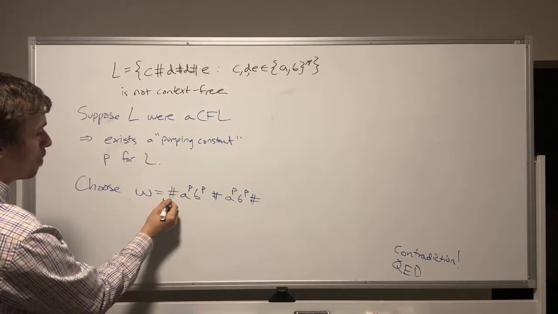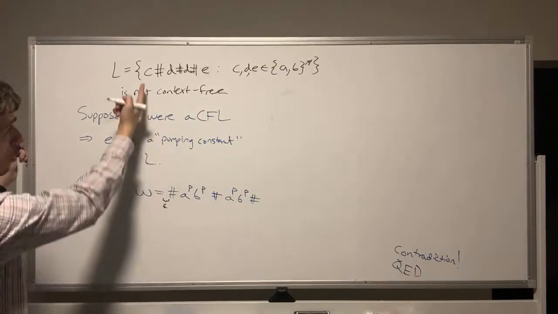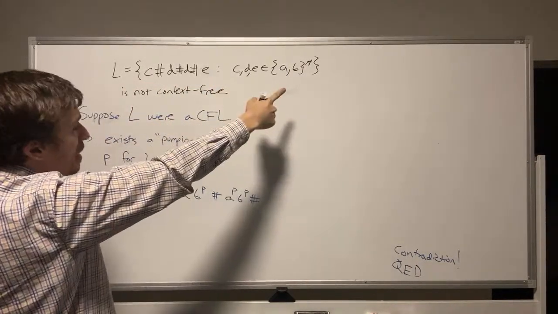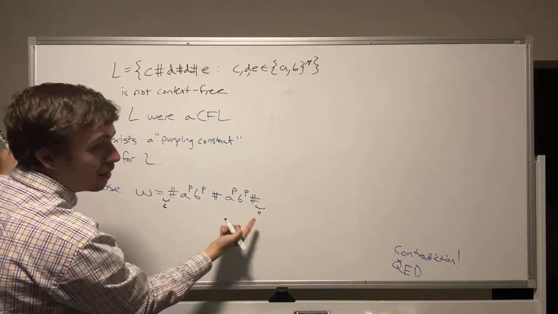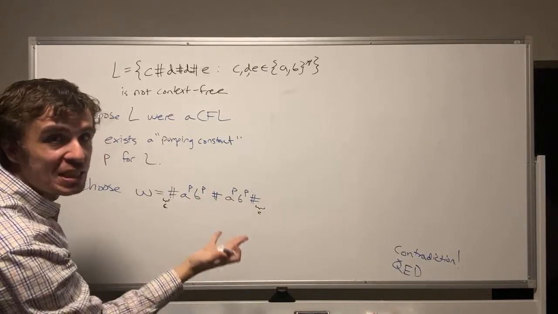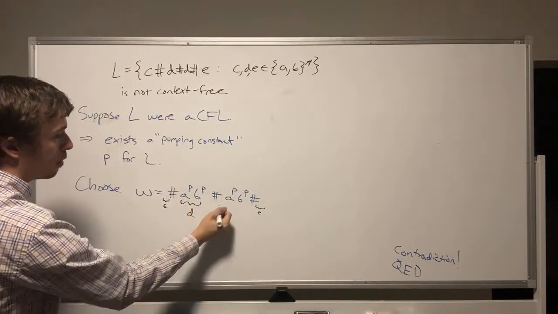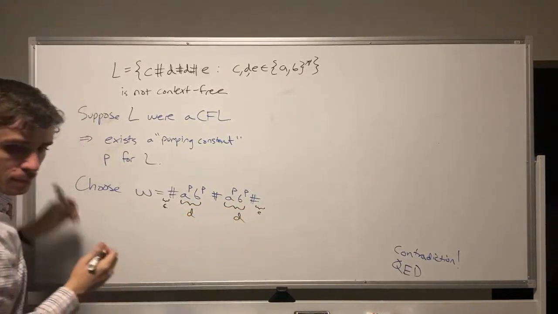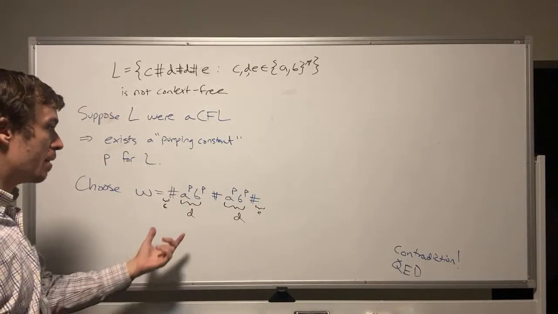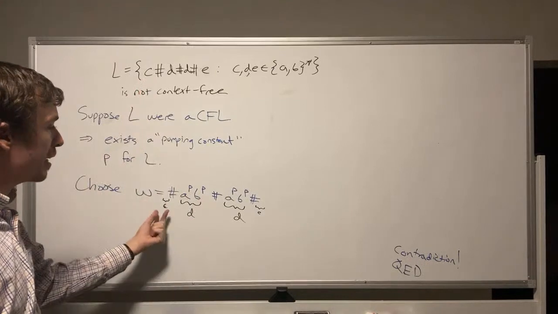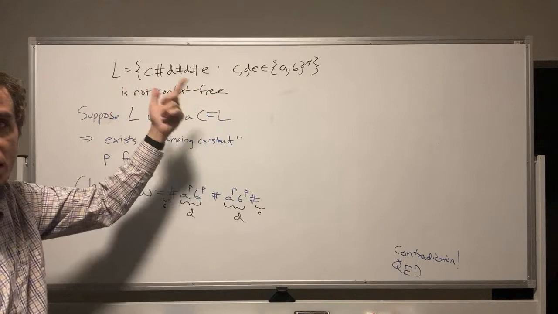The C part is right there, an empty string, which I'm allowed to do because C can be empty. Same thing with E way over here. This represents the empty string. This part is D, and this part is D also. So we know that this string is in the language because here's the C part, here's the D part, here's the D part, here's the E, and it matches.